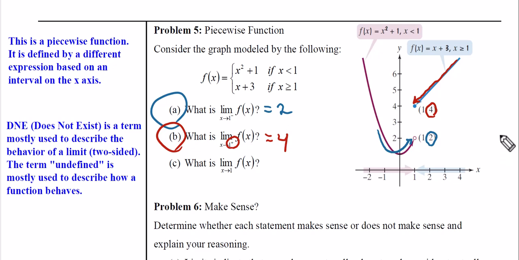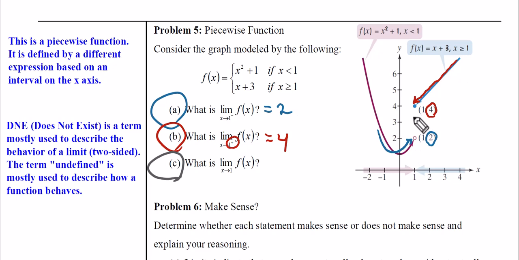However, let's ask the deeper, darker question, which we've been asking multiple times up to this point. What is the limit as x approaches 1? Well, we've looked at numerical calculations in tables, and we've looked at some of the graphs already. The limit exists if it's approaching the same number from the left and from the right. But let's be real. From the left, it's approaching 2. From the right, it's approaching 4.